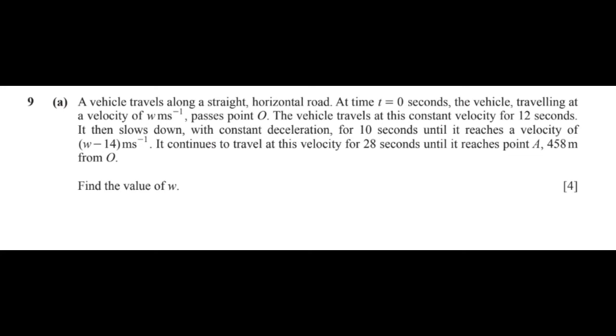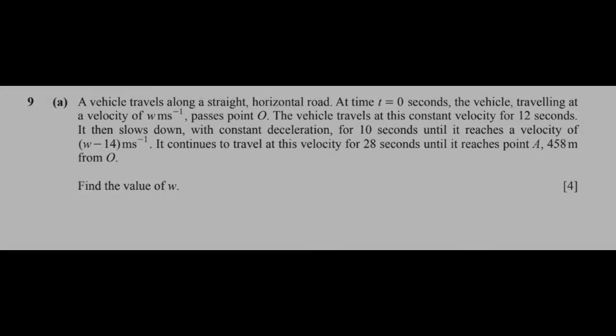Basically, we have two sections of constant velocity, so those will be horizontal lines, and then we have a middle section where it's constant deceleration, which is also a straight line. Okay, so all the lines are straight here. That means there's no need for calculus. So as long as you draw the travel graph and set the distance 458 meters equal to the area, you solve for W. So we'll see that one is fine.